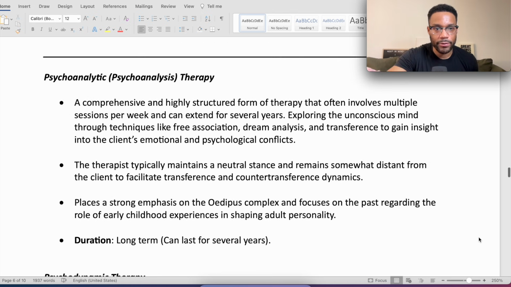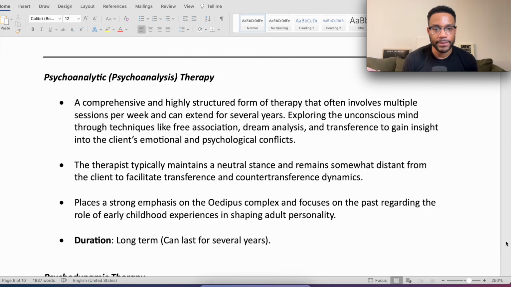First up is psychoanalytic or psychoanalysis therapy, a comprehensive and highly structured form of therapy that often involves multiple sessions per week and can extend for several years. Exploring the unconscious mind through techniques like free association, dream analysis, and transference to gain insight into the client's emotional and psychological conflicts.